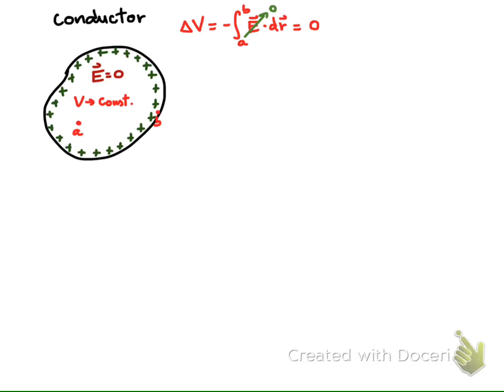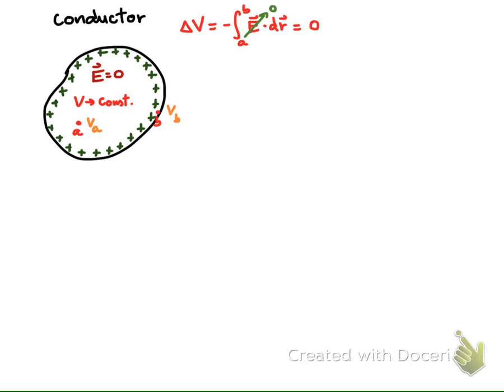We must have that VA is equal to VB. But point A is inside the conductor, B is at the surface of the conductor.